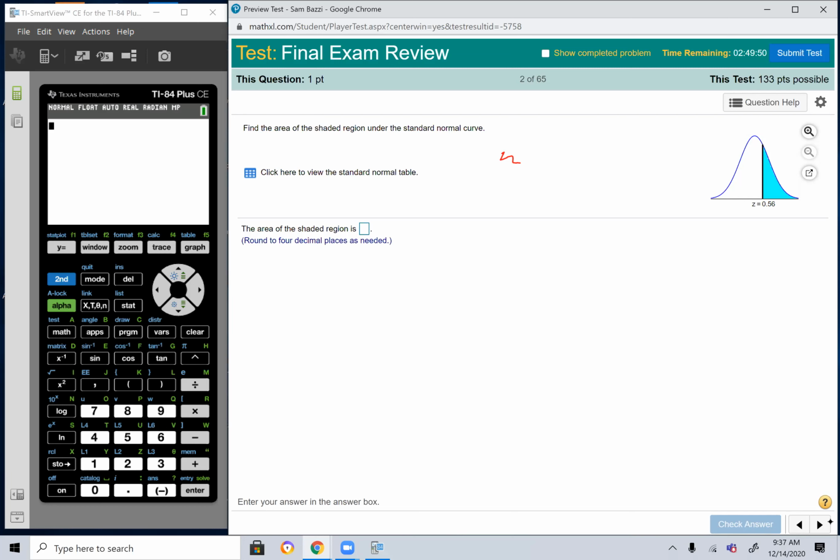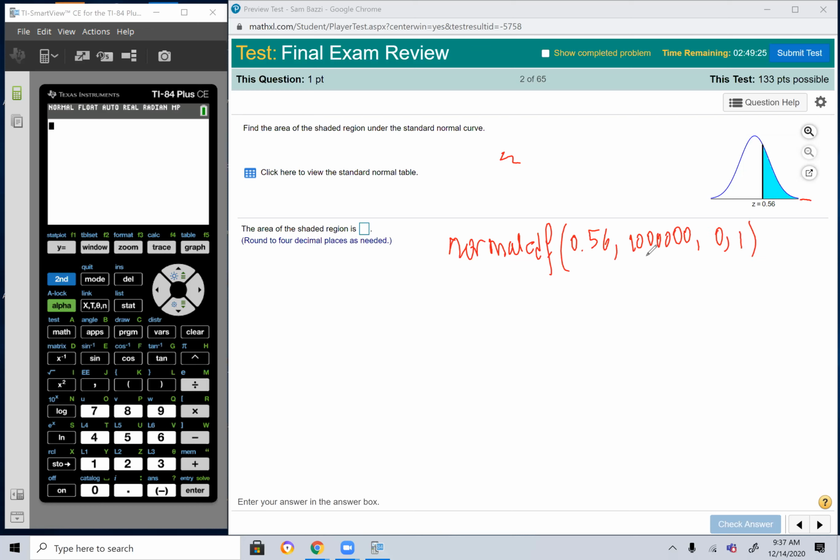Normal CDF: the lower bound will be 0.56. Upper bound you can use 1,000,000. And since this is a Z, you have to put 0 and 1.